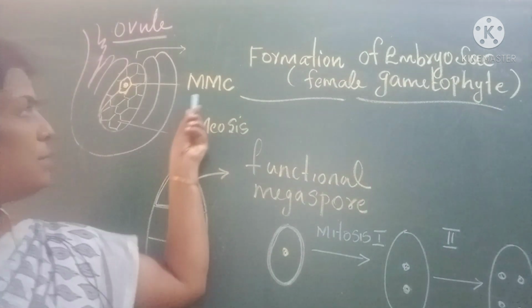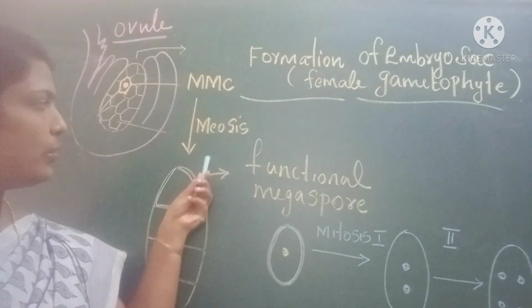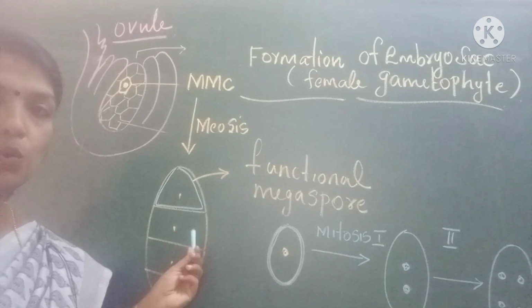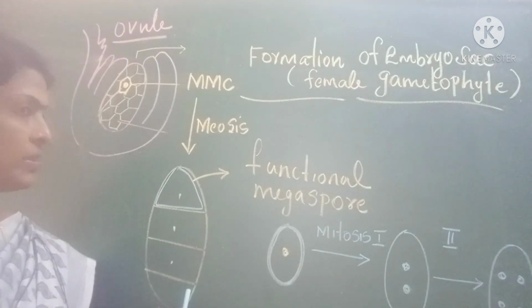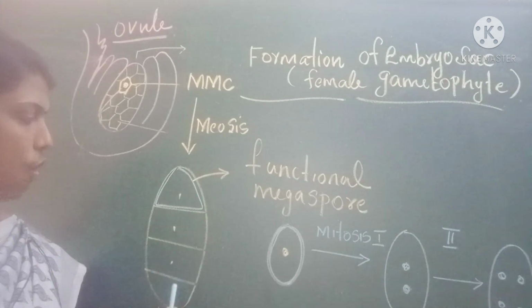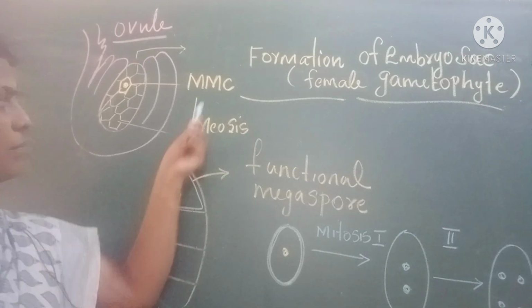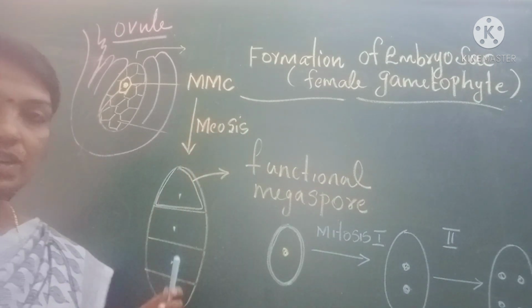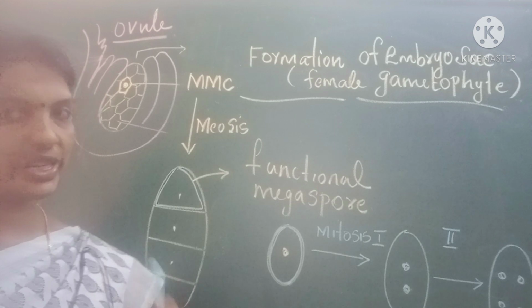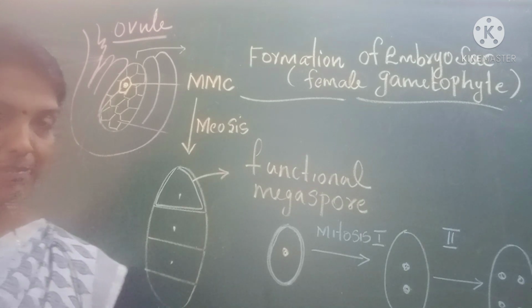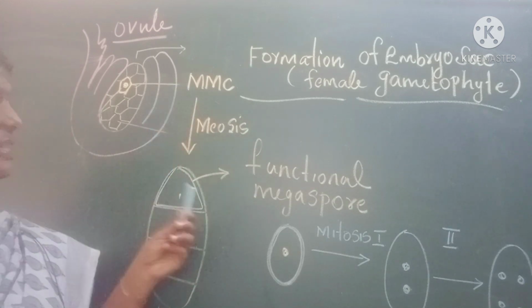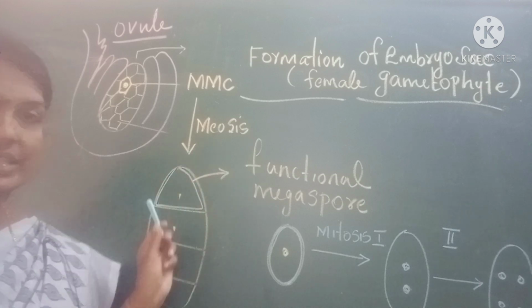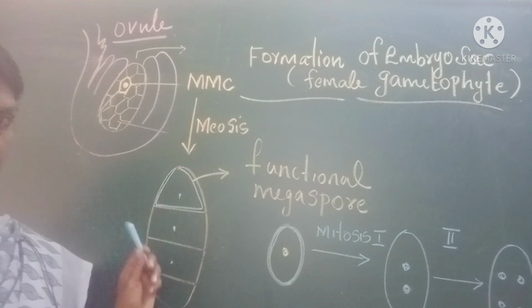So the megaspore mother cell undergoes reduction division to become 4 megaspores, and this process of formation of megaspores from the megaspore mother cell is called megasporogenesis. Formation of megaspores from the megaspore mother cell through reduction division is called megasporogenesis.